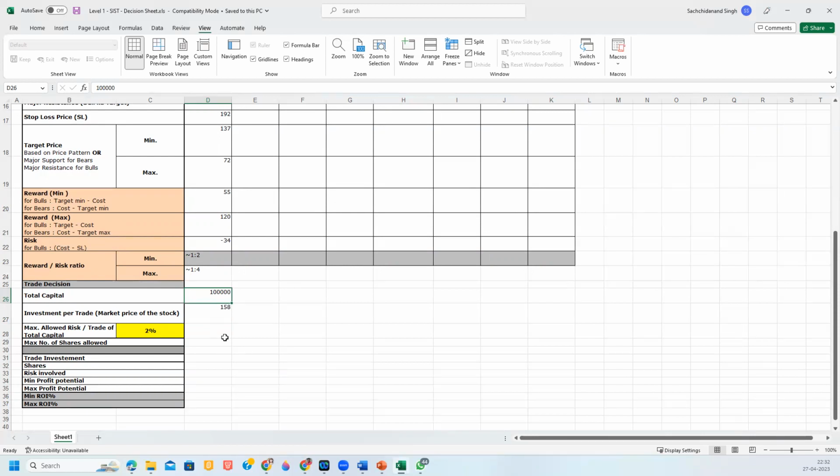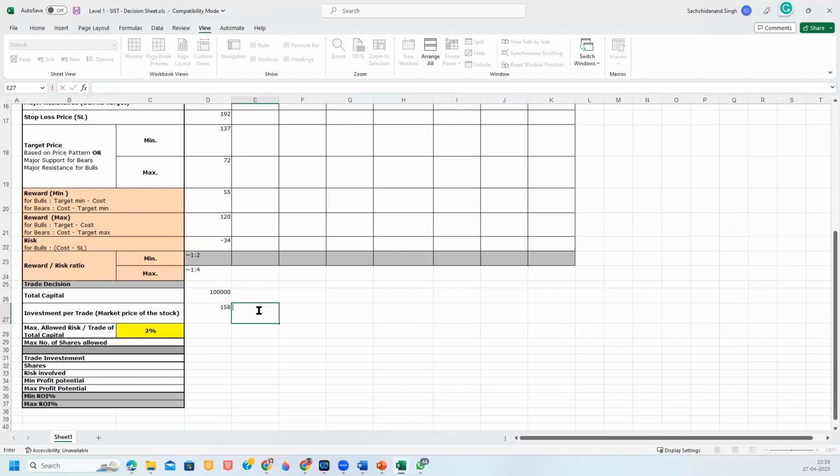Okay, so now the maximum risk that is allowed is 2%. We first need to decide how much investment we are going to do for that particular stock. I think there are two ways. We can keep aside maybe 10% or 20% of the fund.